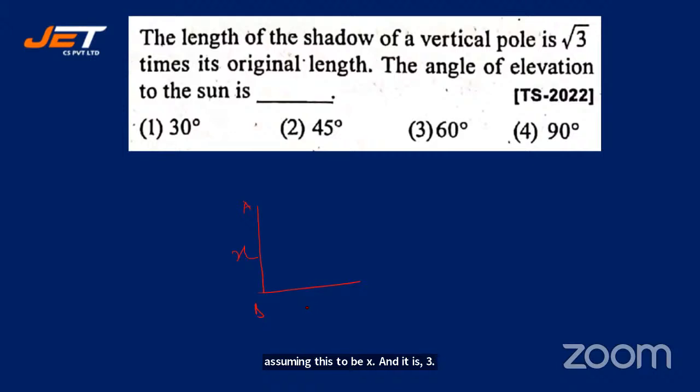So root 3 means root 3 into x. All right. Yes. So let's take this as C. And this is the theta, the angle of elevation to the sun. So find out the theta value. Right. So with this, you'll be able to find out the answer.